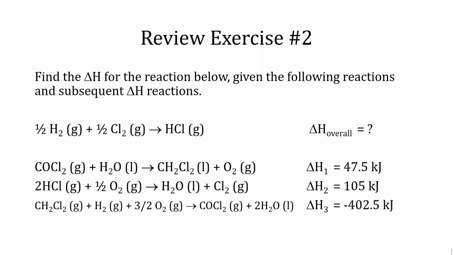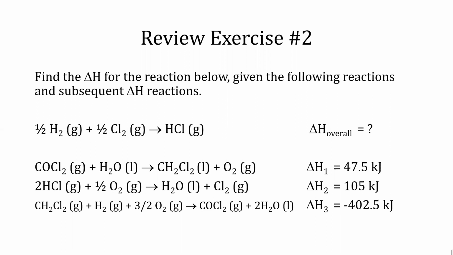Review exercise 2 is find the delta H for the reaction below given the following reactions and subsequent delta H reactions. Half H2 plus half CO2 forms HCl. Delta H overall equals blank. COCl2 plus H2O forms CH2Cl2 plus O2.